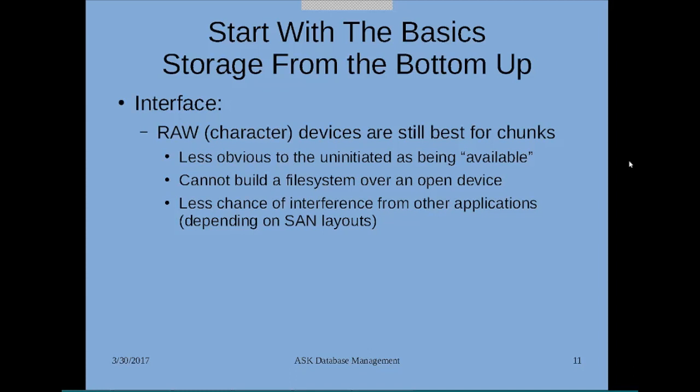There's also less chance of interference from other applications, because except for databases, almost nothing deals with raw disk. Okay, so once you're above the SAN level, you ensure that your SAN layout is clean. You don't have to worry that somebody's going to put a file on the file system that holds your database chunks that has nothing to do with the database, just because that's where all the free space was, just you allocated it for future use. Okay.